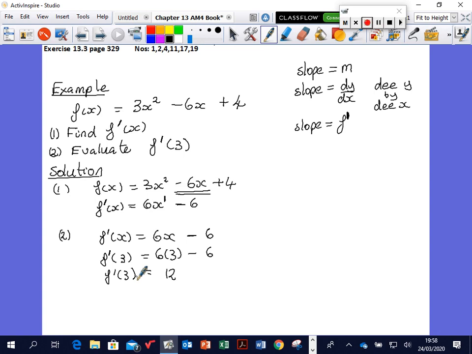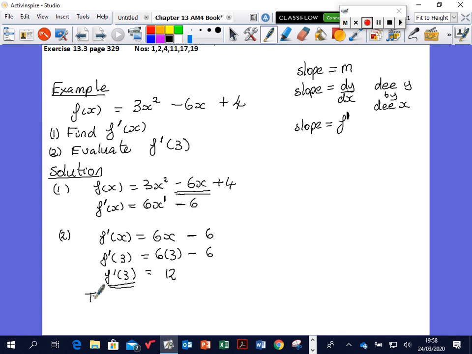Now it's very important we can translate this into English. It's important that we learn what f dashed 3 means. And what it means is the slope of the function at x equals 3 has a value of 12.